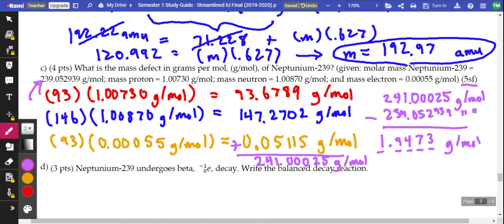But our lowest number of decimal places is 5 after the decimal place, like these guys here. Usually for addition and subtraction, we're looking at how many sig figs are after the decimal place. But either way, it's going to be about 1.95-ish grams per mole as our mass defect.